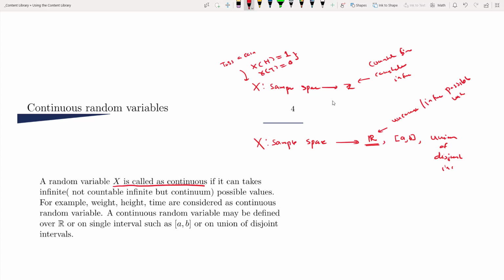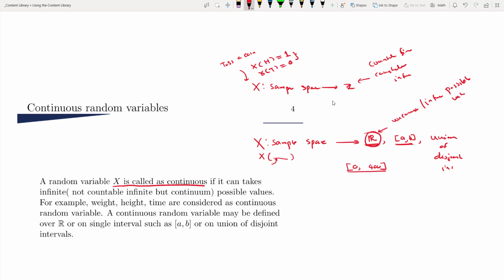For example, in this case, let's say you are measuring weight. Then you have infinite possible, uncountable basically, possible values for weight. So the map would be into the real numbers or an interval. For example, human weight may be between 0 to let's say 400 pounds.